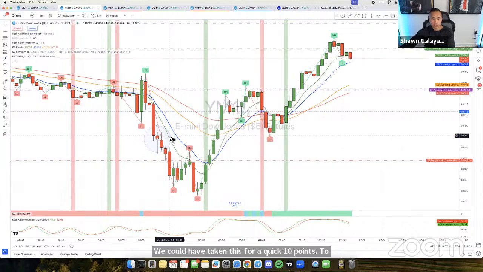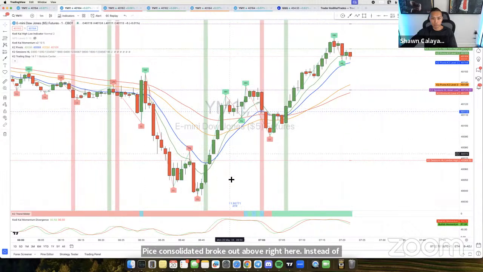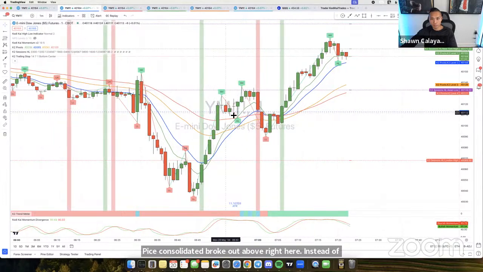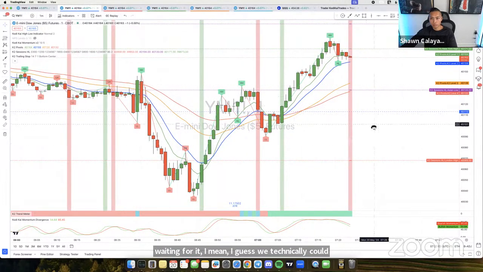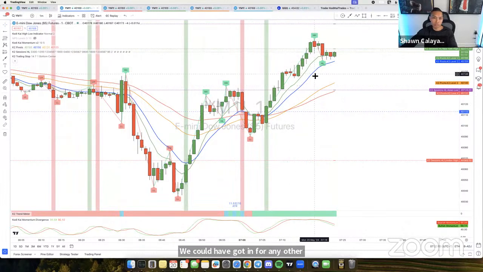And the same situation over here: price consolidated and broke out above right here. I guess we technically could have, but there's no entry here for momentum divergence. Again, right here, another consolidation, and when it broke out above, we could have gotten in for another divergence whenever it came up, but no divergence came up here. The only divergence that actually came up was right here on open.